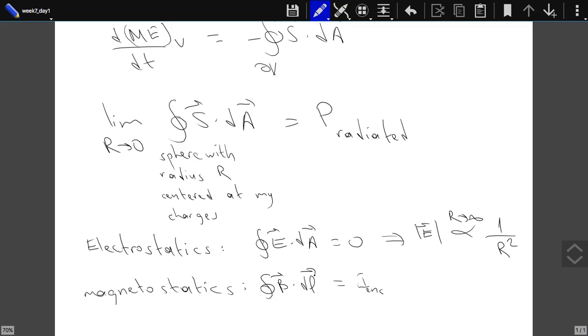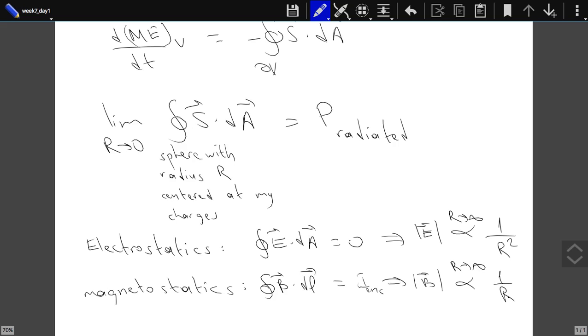But if you imagine a very large sphere, a very large closed loop, its circumference will go as 2 pi r. So the B field should go as 1 over r, so that their product will be constant, independent of r. So this basically tells me that any B field that I can create by some charges will go as 1 over r in the best case.